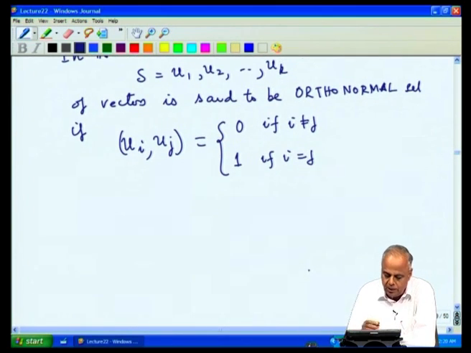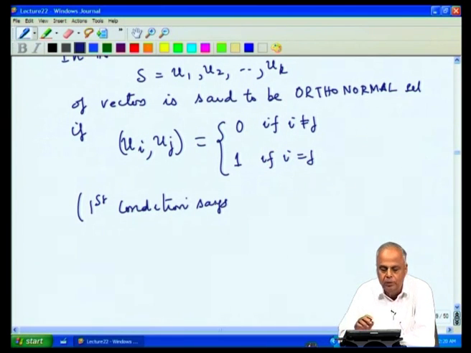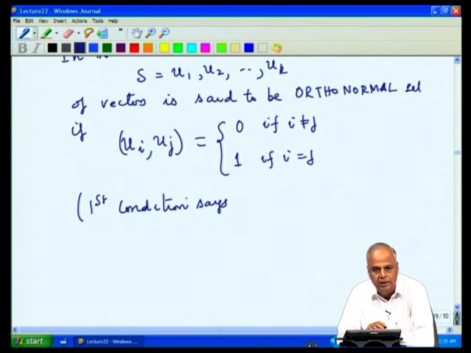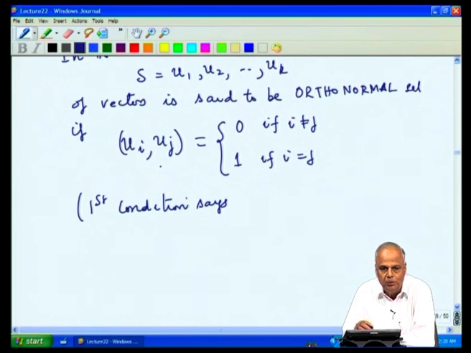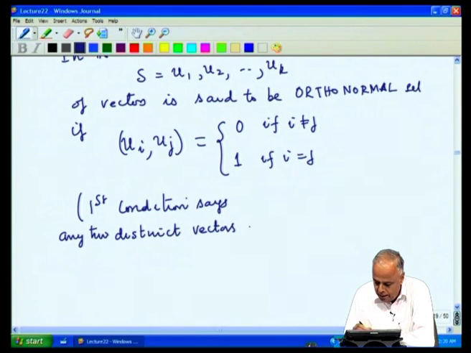Now, what does the first condition say? The first condition says i not equal to j, that means they are distinct vectors, then the inner product is 0 means they are orthogonal. So, any two distinct vectors in S are orthogonal.